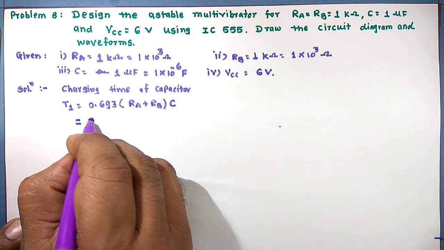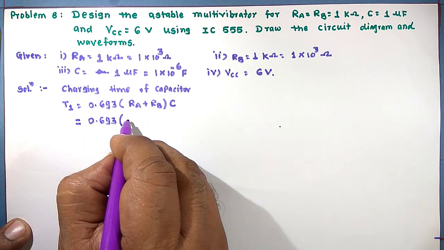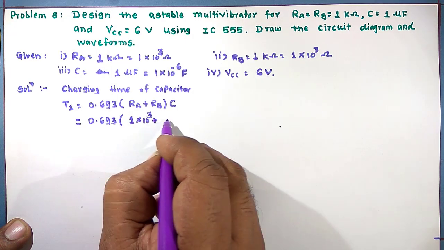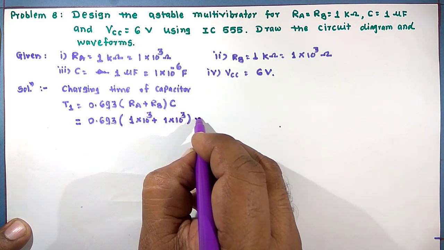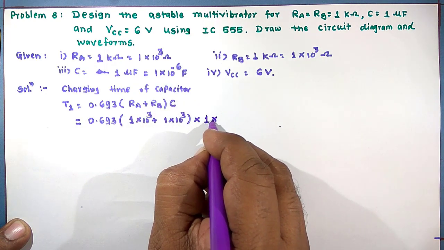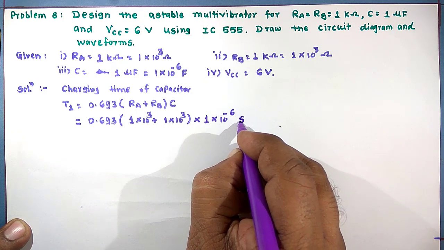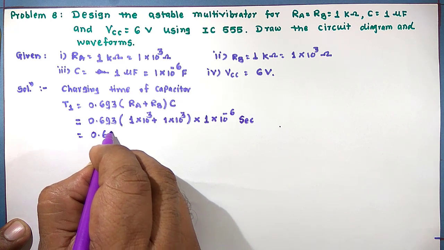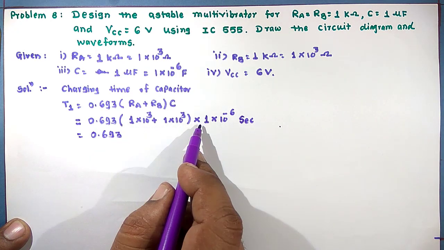So this is equal to 0.693 into (1 into 10 raised to 3 plus 1 into 10 raised to 3) into 1 into 10 raised to minus 6. This time will be in second. So this is equal to 0.693. We can take 10 raised to 3 common.